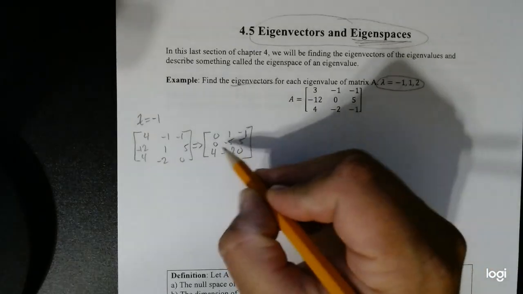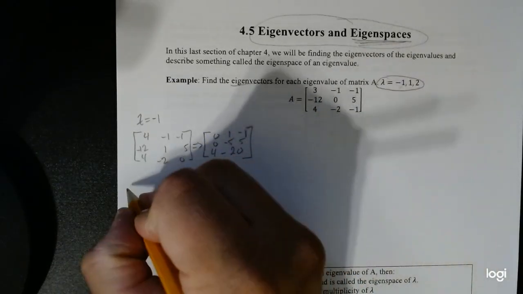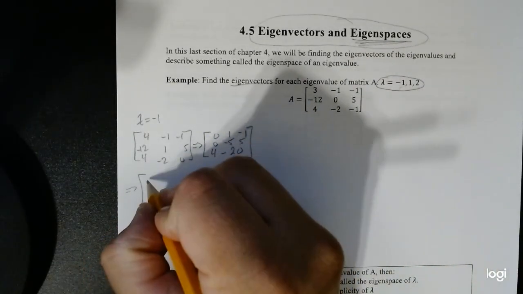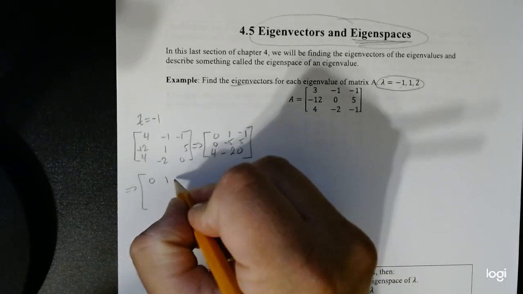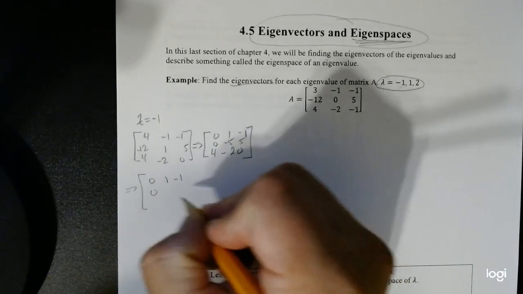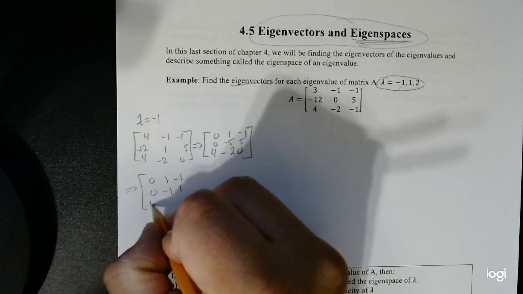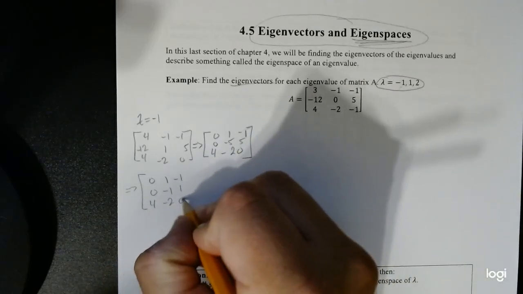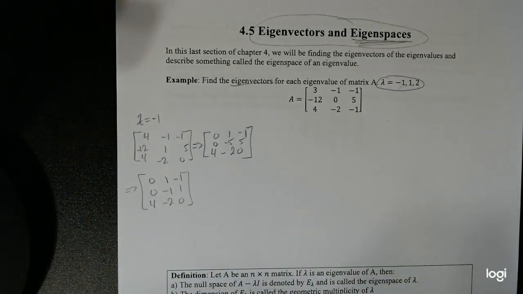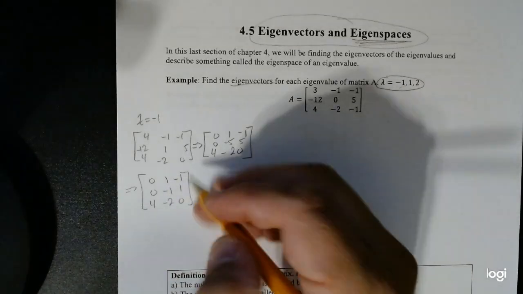And if I divide this by 5, notice it will eventually just cancel out if I add these together.